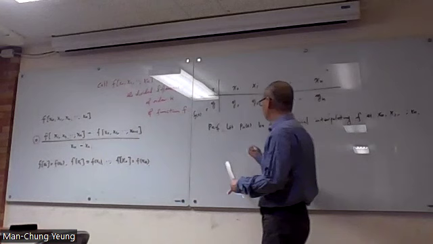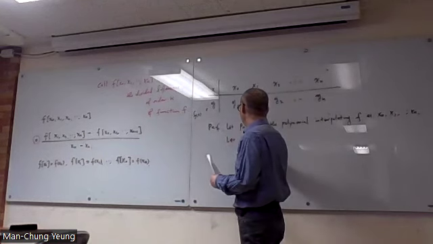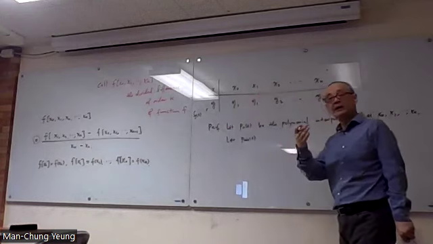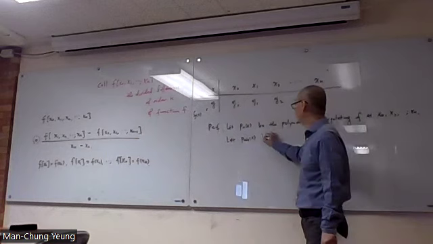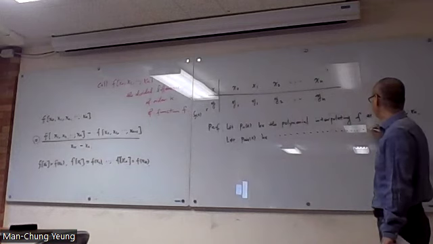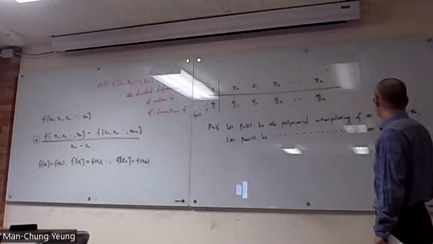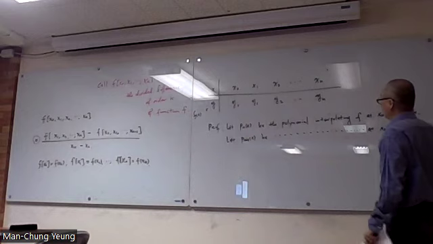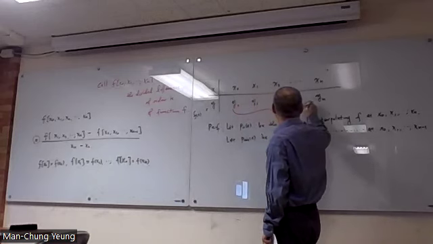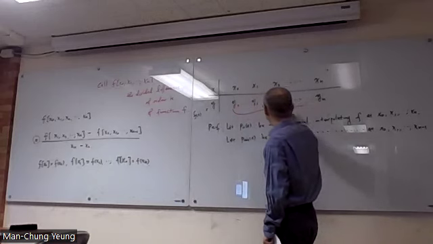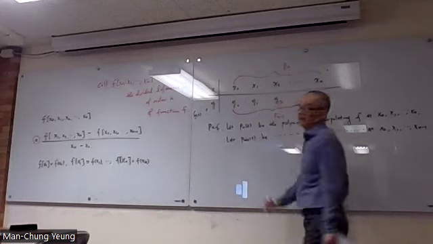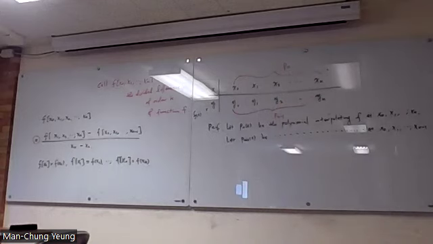Now let P_{n-1}, of degree n minus 1, be the polynomial interpolating function f at x0, x1, up to x_{n-1}. Here P means it passes all the data points.